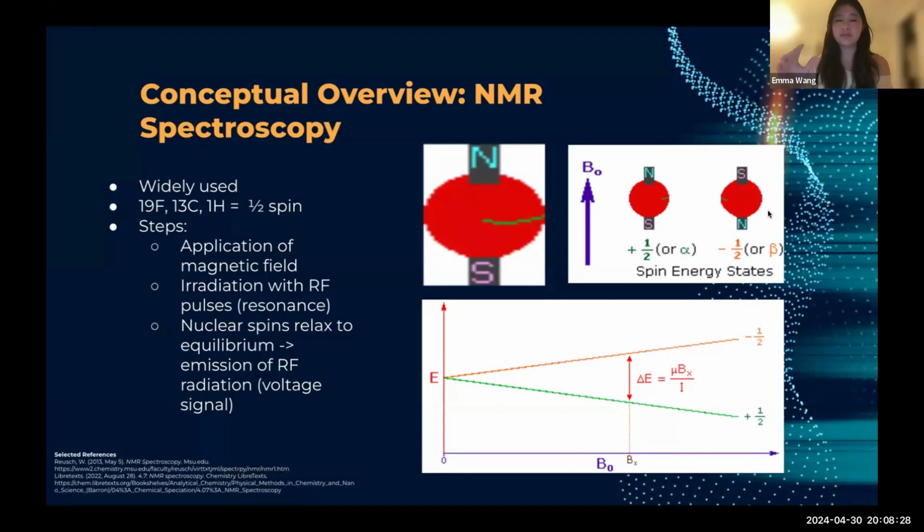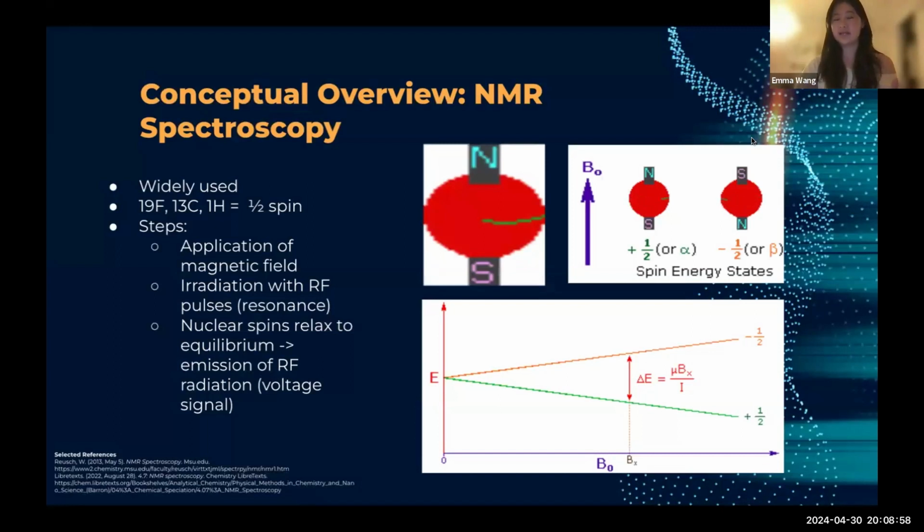So the alpha spin state, which is the state in which the spinning of the nuclei is aligned with B naught, will be very significantly less energy than what the beta spin state will be, which is de-aligned with B naught. Because, well, you can kind of think of it as an analogy of swimming against a current. When you're swimming against it, obviously it takes a lot more energy, but if you're swimming with it, then it's a lot less energy.